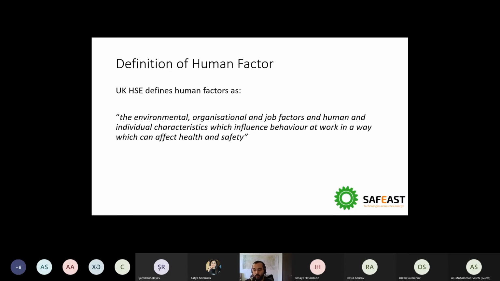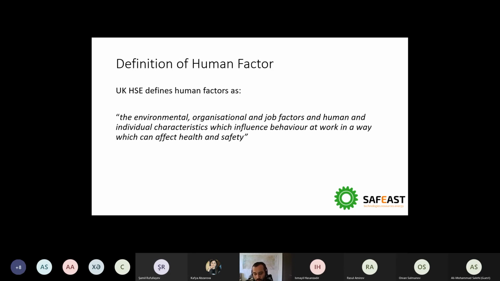So, the definition of the human factor. If you look at the UK HSE, the human factor definition is environmental, organizational, and job factors, and human and individual characteristics. So it's not actually only about human and individual characteristics. It's also about the environment they are working in, the organization they are working in, and also job factors, performance shaping factors, which influence their behavior at work in any way which can affect health and safety.